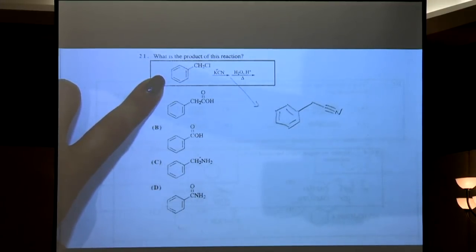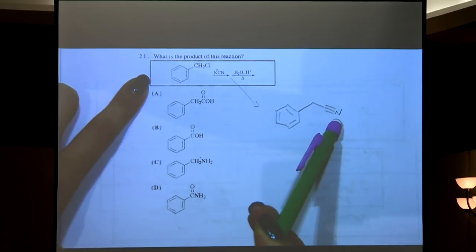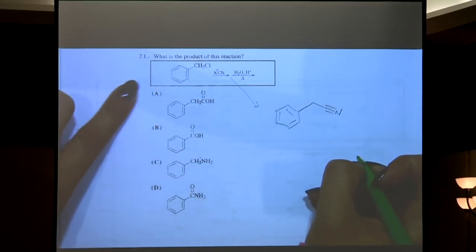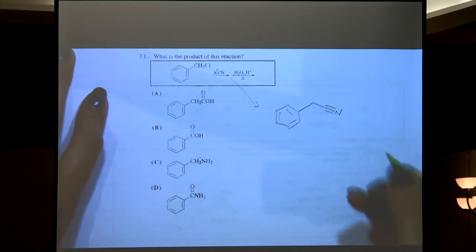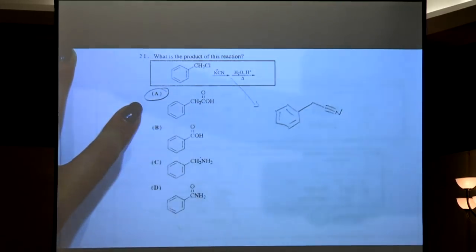And then after that, we're going to do hydrolysis. If we hydrolyze that, what do you remember? What do we get? Yes, every time you hydrolyze a nitrile group, you're going to get a carboxylic acid, no matter what. So therefore, the answer is A.